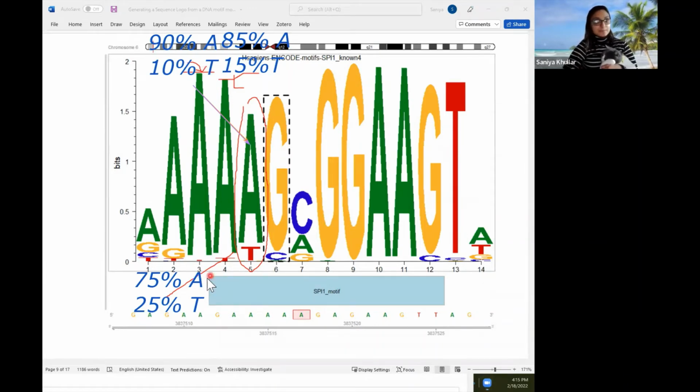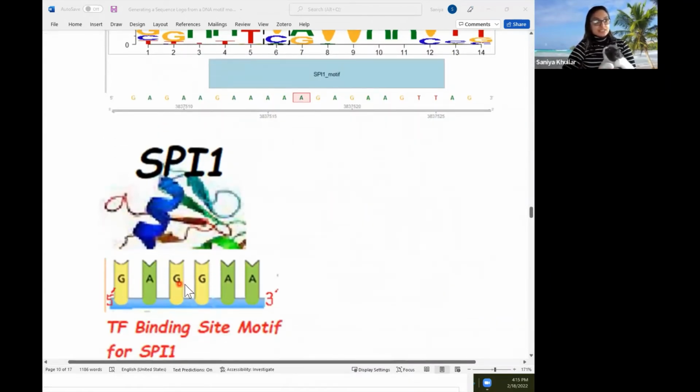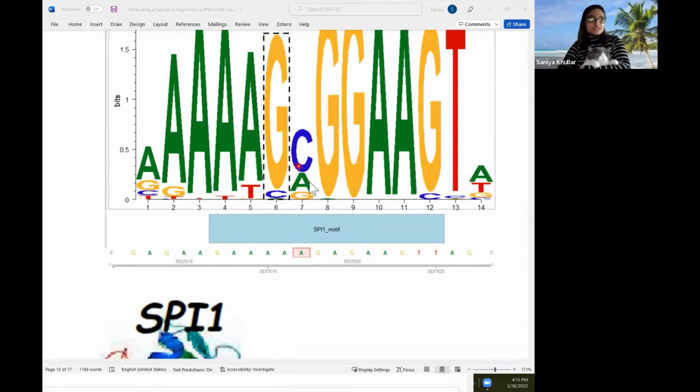But in general, the SPI1 motif here, it's pretty likely to bind to GAGGAA. GAGGAA in particular is what it is usually found to bind to. That's what would maintain the integrity of its binding. But in general, it usually binds to purines.